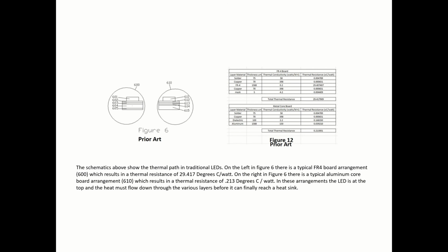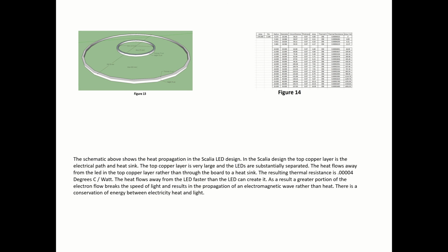So if we go to the design of our concept, we have heat that propagates out in a circular pattern away from the LED, and we can see that the thermal resistance is down in the 0.000001 range. So we're exponentially lower in our resistance to heat flow, so we can remove the heat from the LED faster than the LED can make it.